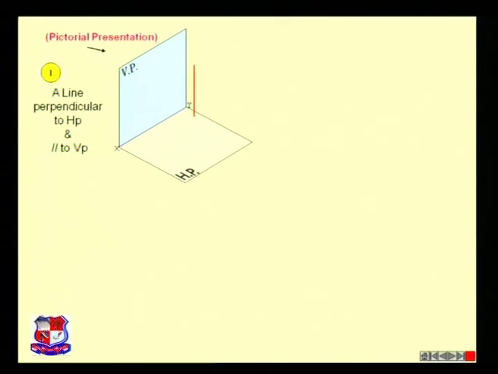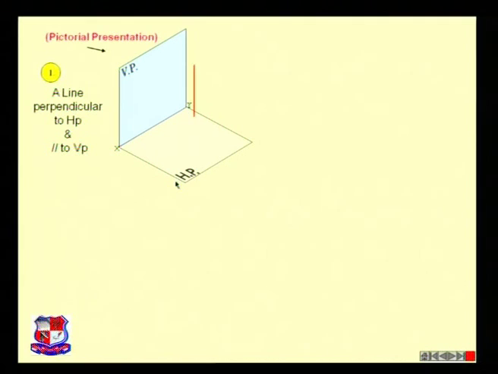Now the red line shows the basic indication of the line. You can see that the red line is perpendicular to HP. This is our horizontal plane. It is exactly at 90 degrees to the horizontal plane, but it is not on the vertical plane; it is parallel to the vertical plane.